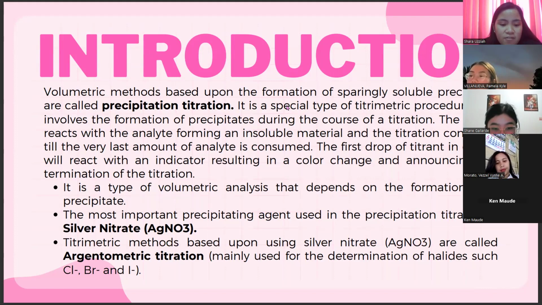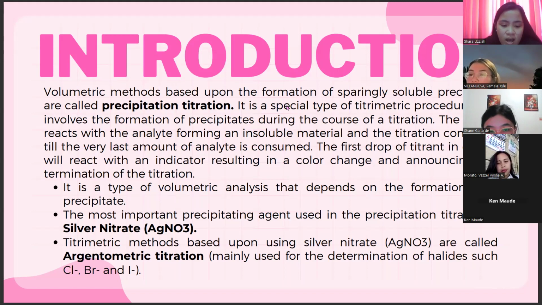Here we have presented the key points or summary of the methods used in this laboratory activity. First, it is a type of volumetric analysis that depends on the formation of a precipitate. Second, the most important precipitating agent used in precipitation titration is silver nitrate, which is our titrant in this laboratory activity.